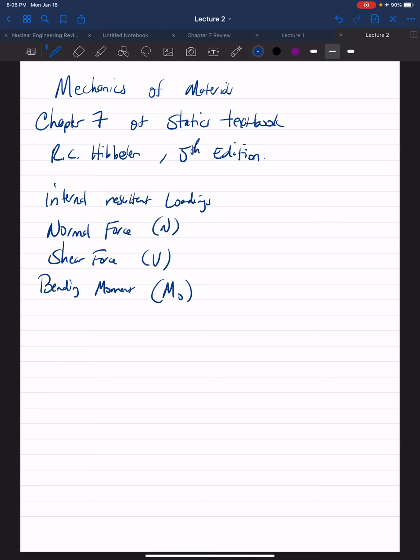And typically we said the point O is most often set to be at the centroid of the body or the section area.